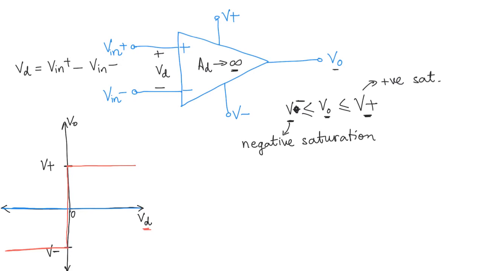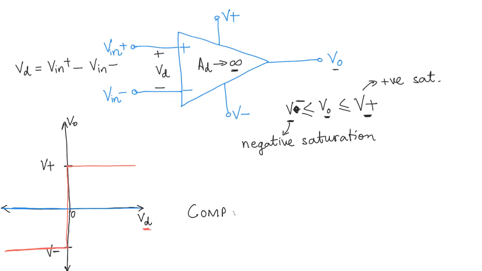So we have a circuit that gives you an output of V minus whenever the differential input VD is negative, and it gives you a voltage of V plus whenever the differential voltage at the input is positive. Now this kind of circuit is called a comparator circuit.